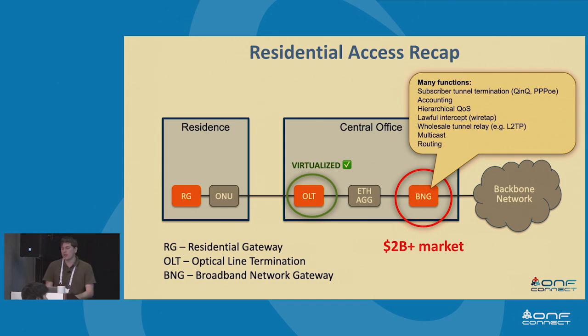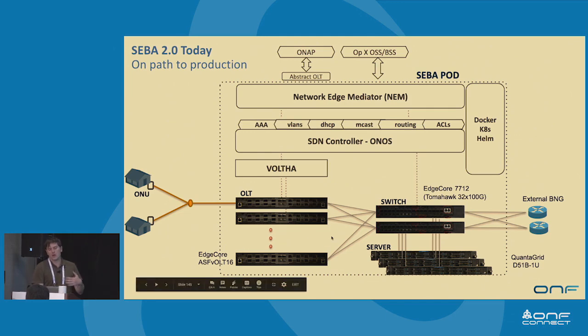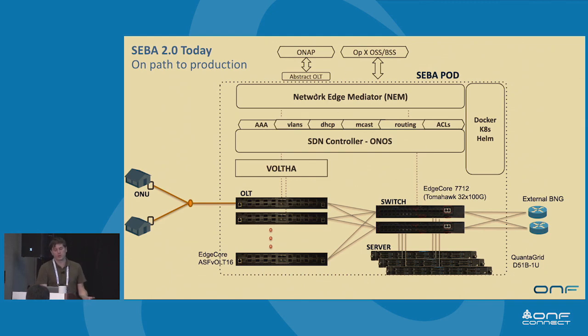So how do we virtualize such a box? The way ONF virtualized the first part of the pipeline comprising the OLT is with a project called SEBA. I will not spend many words on the details of the architecture, but the idea is that we can virtualize the same pipeline shown before using white box hardware, such as this OpenOLT from EdgeCore, white box switches, and open software controlling that.